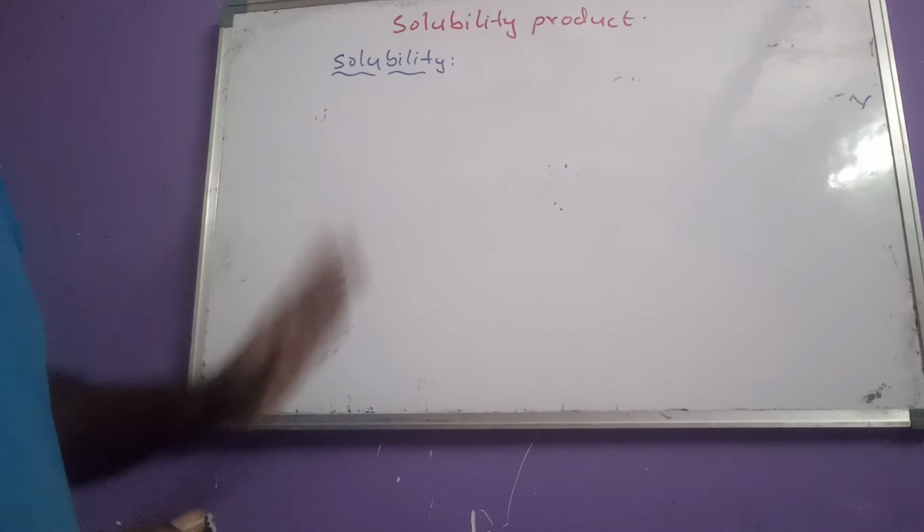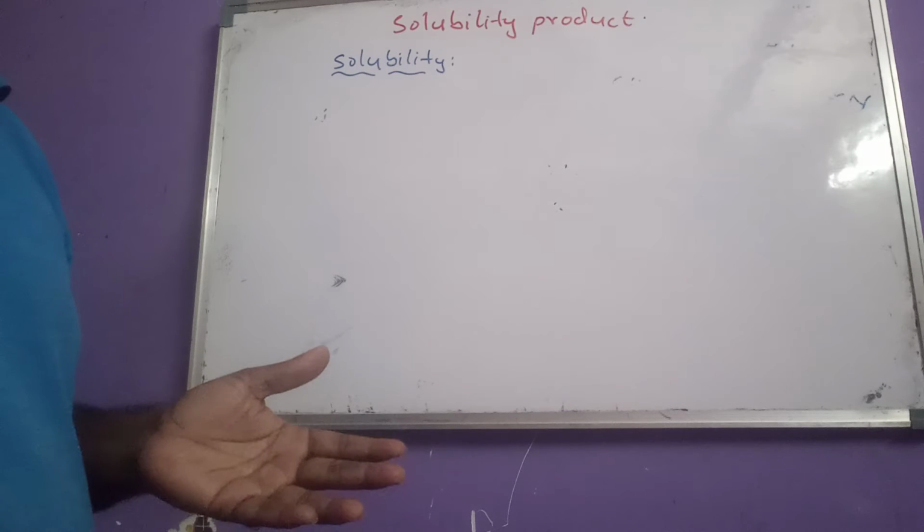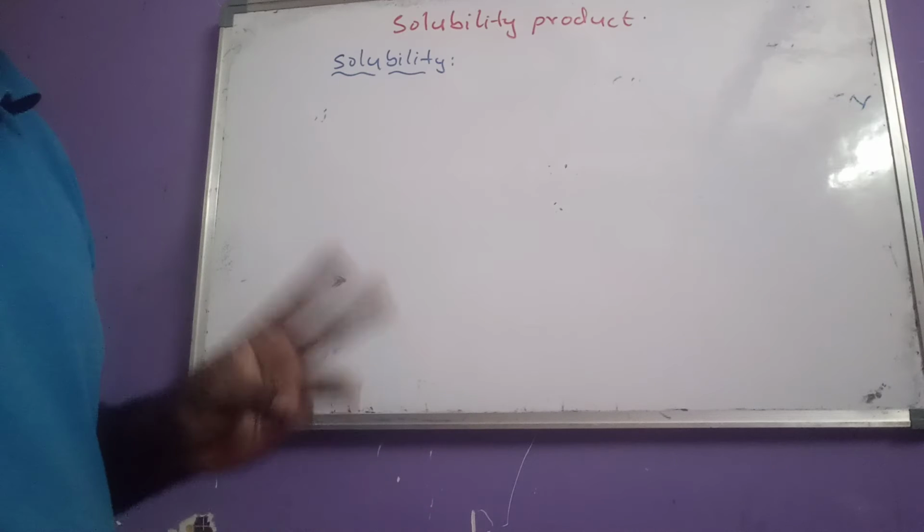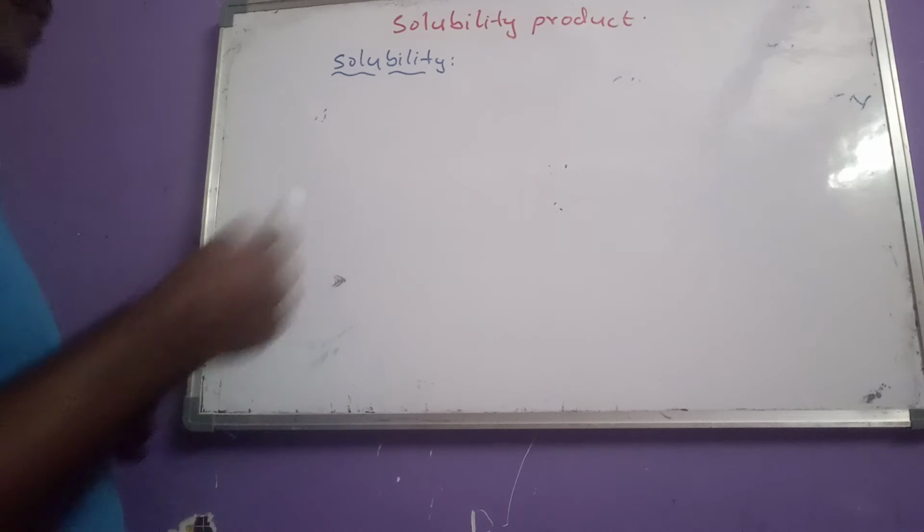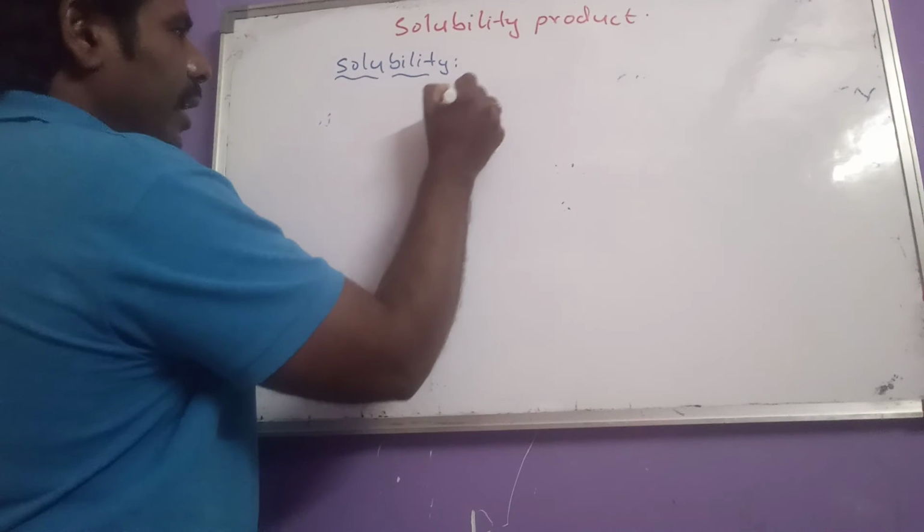And based on solubility, there are three types of salts. The first one is highly soluble.